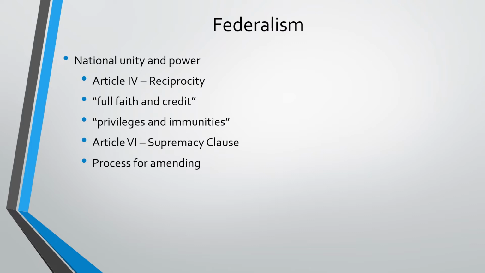Proposals must be put forth by 2/3 of both chambers of Congress or a convention called by 2/3 of the state legislatures. Amendments must then be ratified by either the legislatures or state conventions of 3/4 of the states. And we'll touch more on the amendment process. It is a very detailed process to go through.